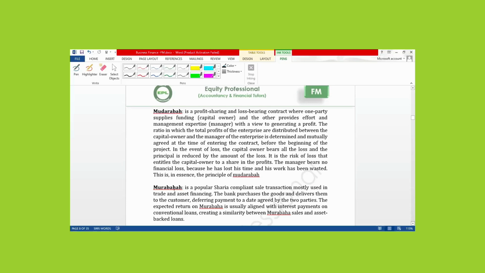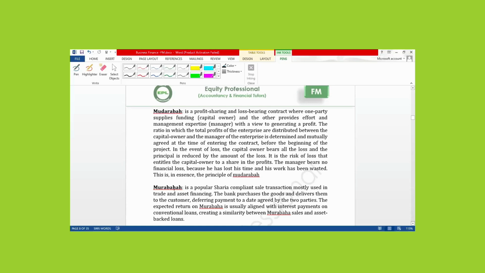You can approach an Islamic bank to enter into a Murabaha contract. The bank will purchase that equipment on your behalf and deliver the equipment to you. You are the baker now. You are the bank customer now.